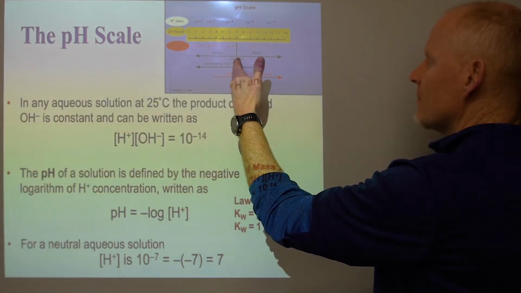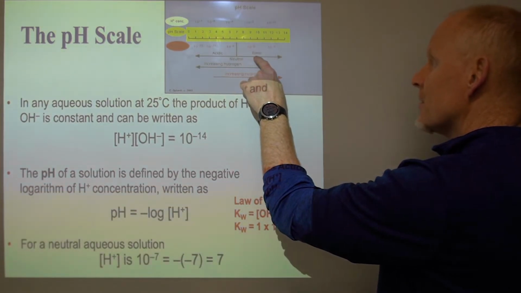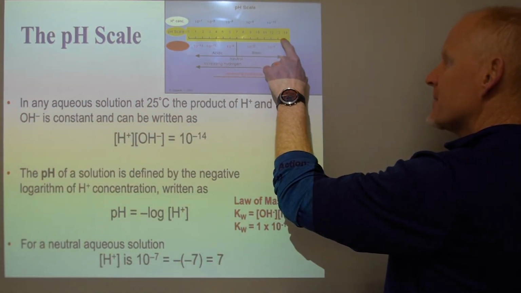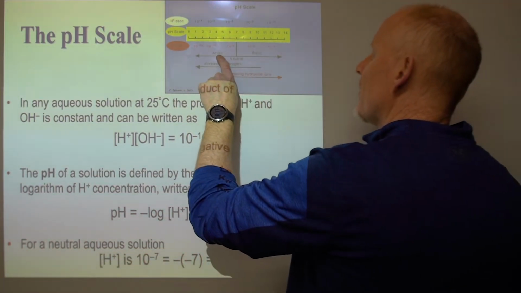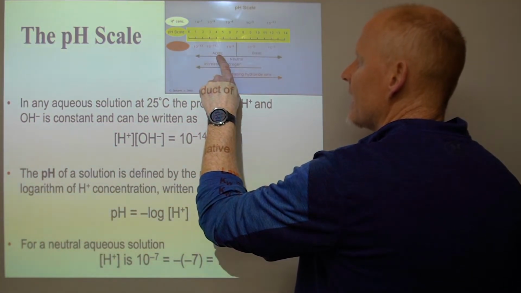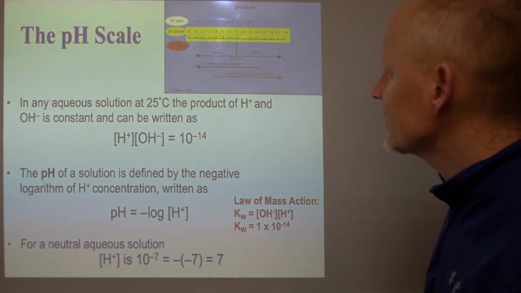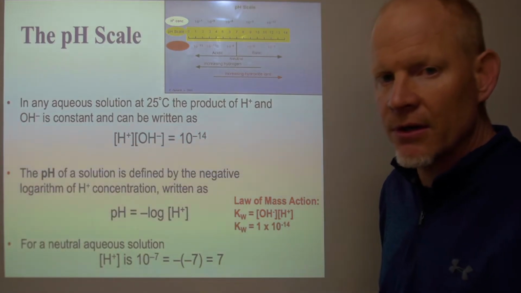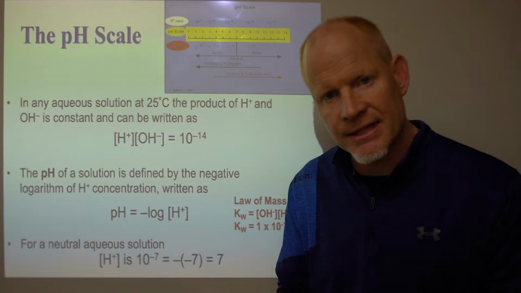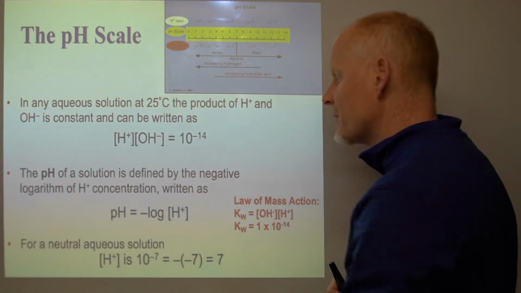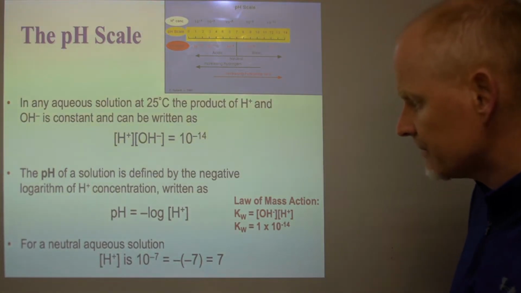If I increase the number of hydroxides and decrease the number of protons, then my pH goes up to 8, 9, 10, up to 14, 14 being very basic. If I increase the number of protons and decrease the number of hydroxide ions, then I decrease my pH. So acidic solutions have a lower pH than 7, and basic solutions have higher pHs than 7. It's based on the number of protons and hydroxide ions in comparison to each other.